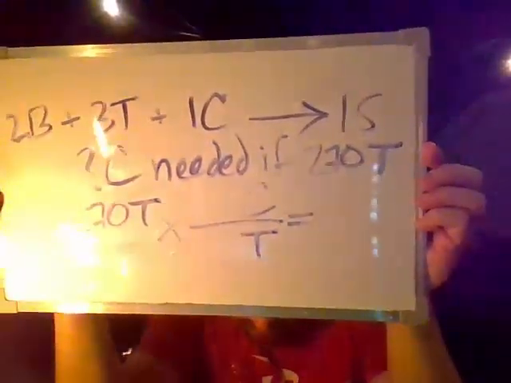Now, the relationship of C to T is 1 to 3. Okay. So in this case, we're going 270 T into T's cancel. And we're going to divide 270 by 3. And we now know that we need 90 slices of cheese to go with that turkey.